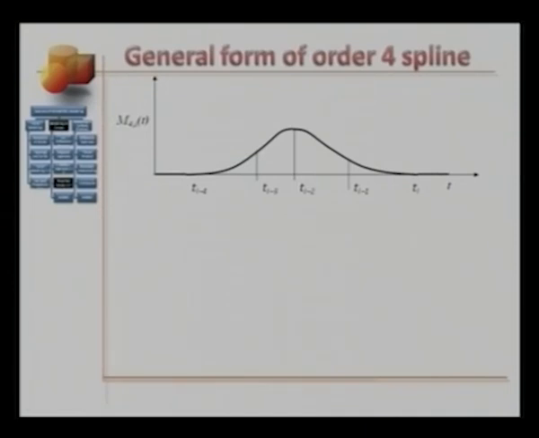Further, I do not need to restrict myself to the values of t in between ti minus 4 and ti. I can use the values less than ti minus 4, and also I can use the values greater than ti. Just that this spline M4I will be 0 here and here.